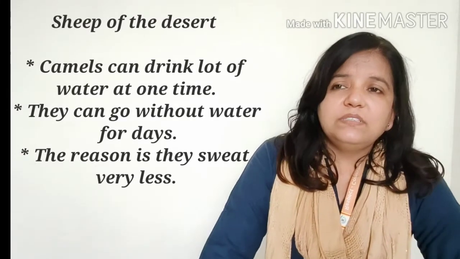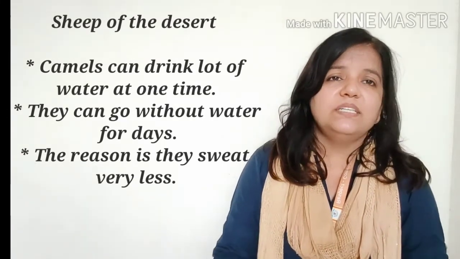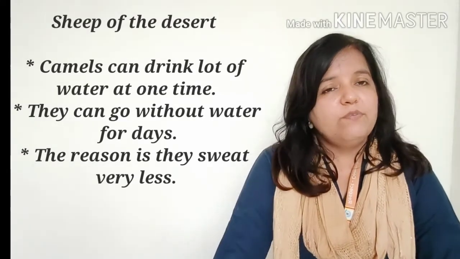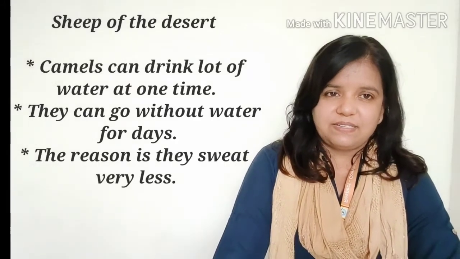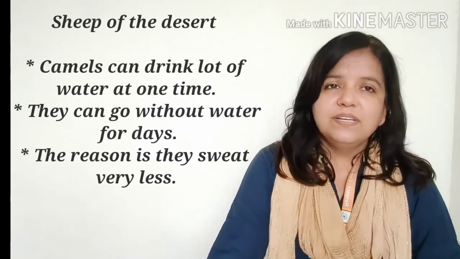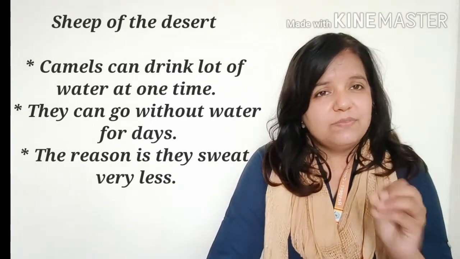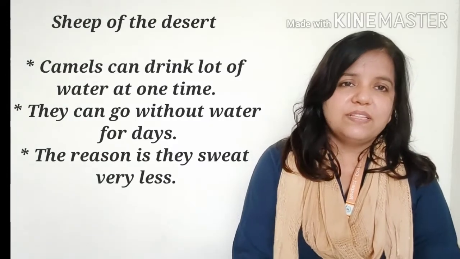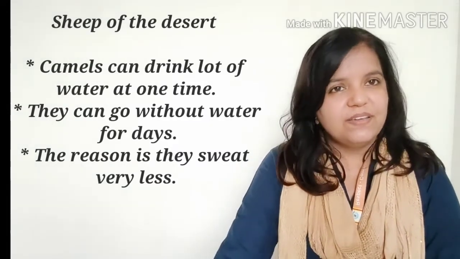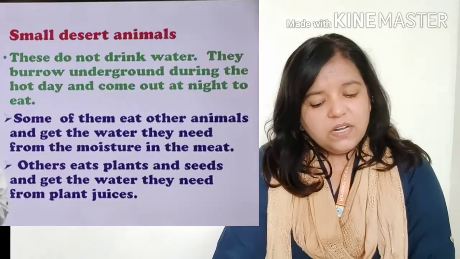Now, a camel drinks approximately 100 liters of water in one go. Means एक ही बार में वो 100 liter water drink कर सकता है, and he can survive for a long time. That's why, with these properties, the camel can survive in the desert, and hence it is called the sheep of the desert.